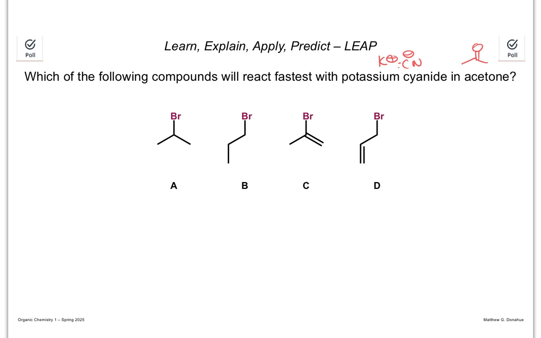It's present in the form of a salt, so a metal cation, a nucleophilic anion, a polar aprotic solvent. Now we want to look at the choices A, B, C, and D and determine which one reacts the fastest.